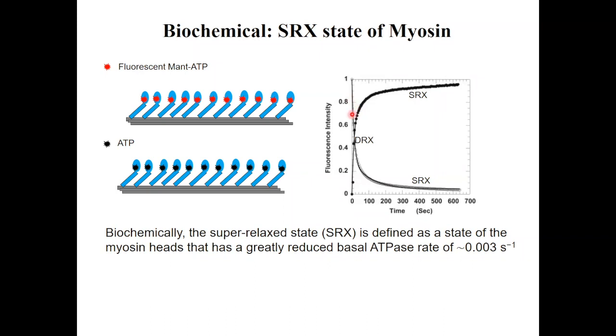The first phase was termed the disordered relaxed state, with higher ATPase activity, and the slower phase was termed the super relaxed state. Biochemically, the super relaxed state is defined as a state in which myosin has greatly reduced ATPase activity.